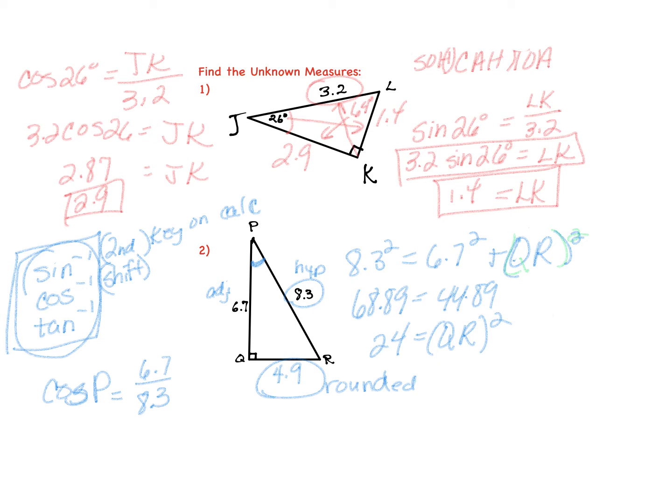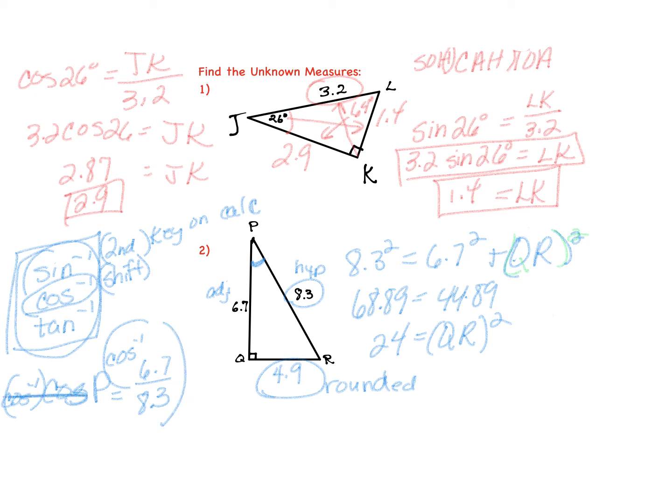Now remember, if I do 6.7 divided by 8.3, which is 0.8072, and I take the cosine of that, that's not going to be my answer, because I can't find angles using cosine. So what we do is we use this inverse function. I'll do cosine inverse to this side, and cosine inverse to this side.